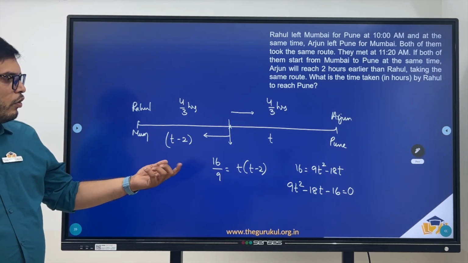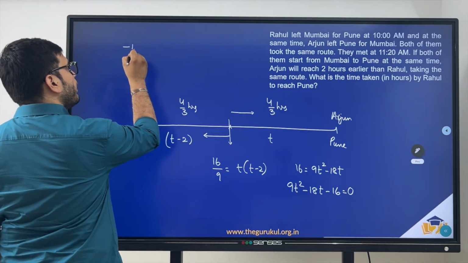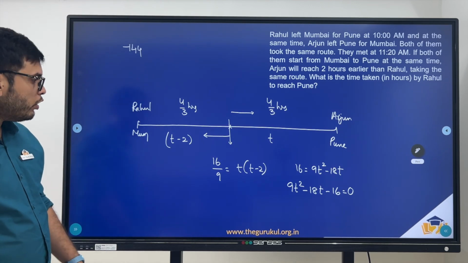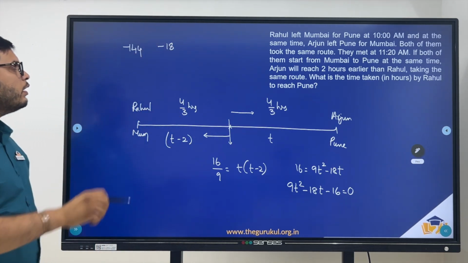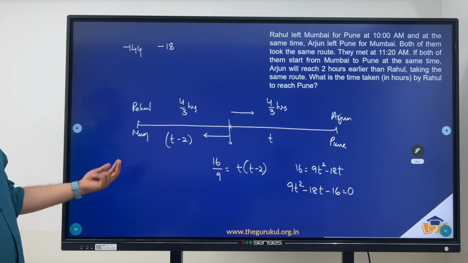So what would be the value of 9 into 16? 144. So we should be having the product of two numbers as minus 144 and they should add up to minus 18. Now what is 24 into 6?